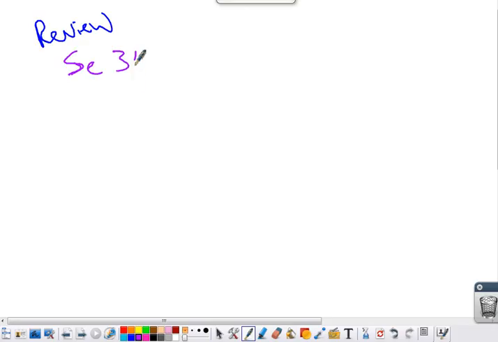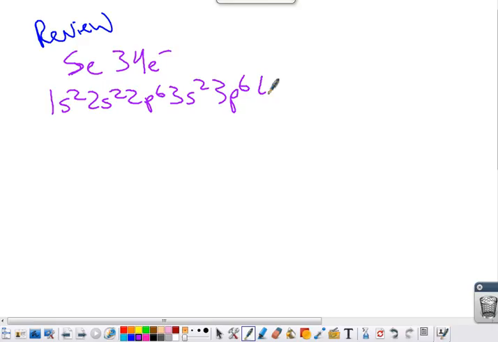So selenium has 34 electrons, and you look at the Aufbau order, and it's 1s2, 2s2, 2p6, 3s2, 3p6, 4s2, 3d10, 4p6, right?